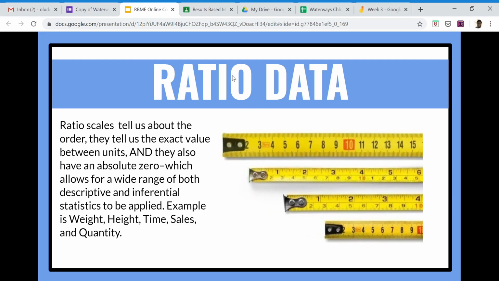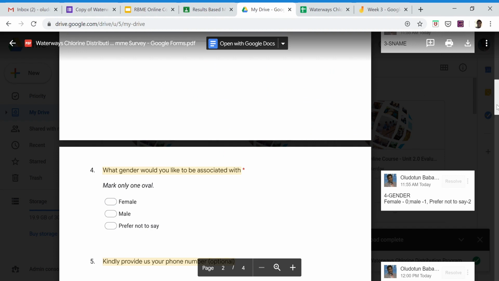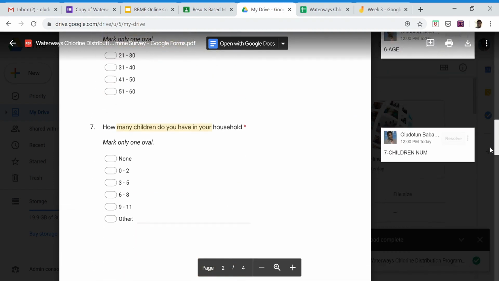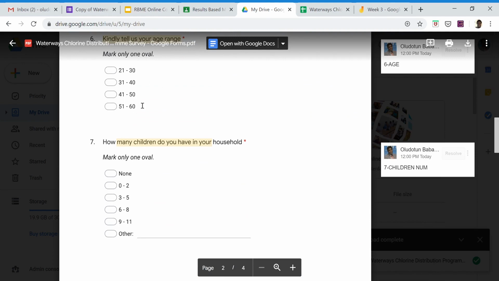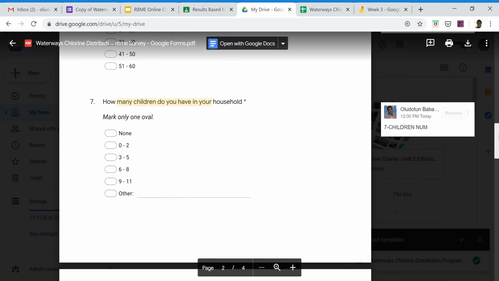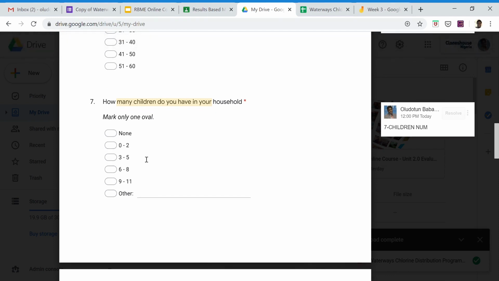So that's the difference. In our question here, zoom in so you can see what we're trying to differentiate: age, number of children in the household. Of course, they cannot be 3.5 children. You can only have 3 children or 4. So this is an example of what type of data?